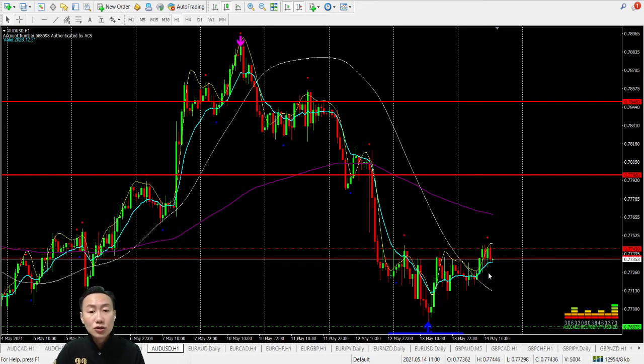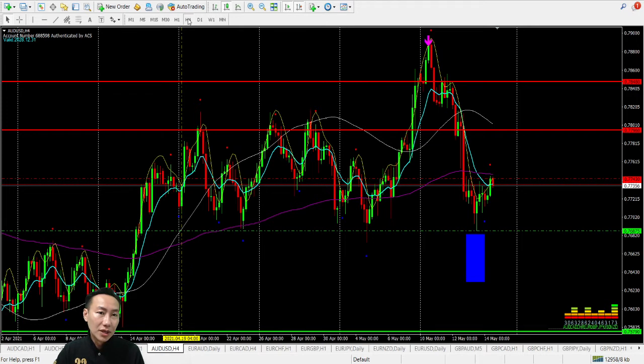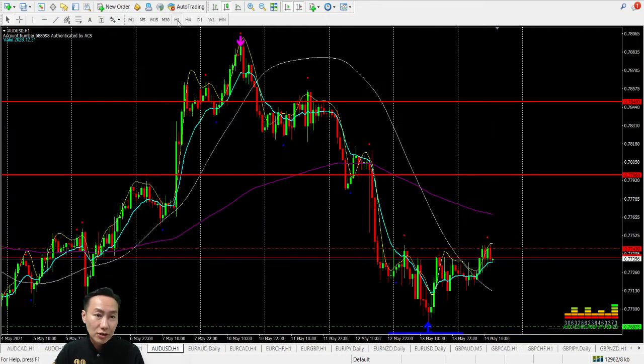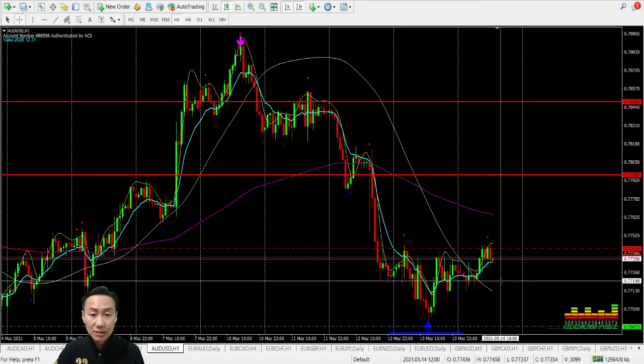So under my system, I can see that they are testing the resistance. And here in H4, the turning is showing me that it seems like it's turning down for a short selling. So end of the day, what I'll be looking for is the same thing, until it continues to short to break the support level here.